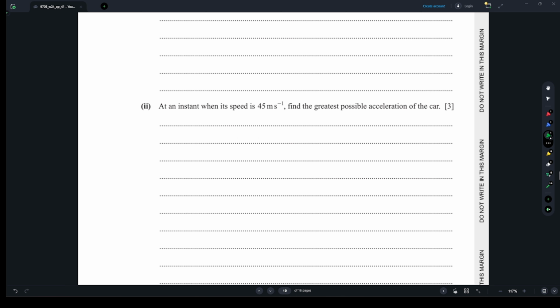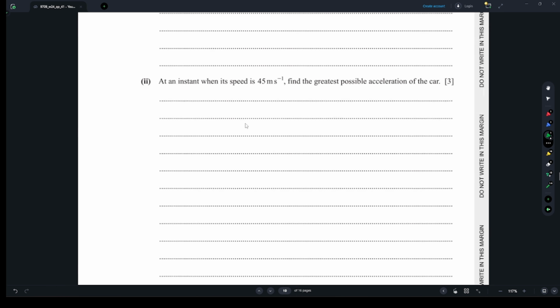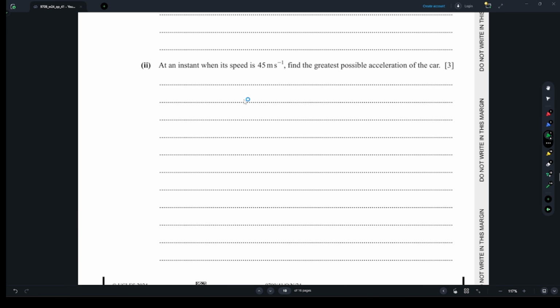Right, then they are asking, at an instant when speed is 45, find the greatest possible acceleration. Okay, now what happened? Again, we can use the same power equals FV. Here we have to find out the driving force, because of the power of the engine we have this driving force, right?